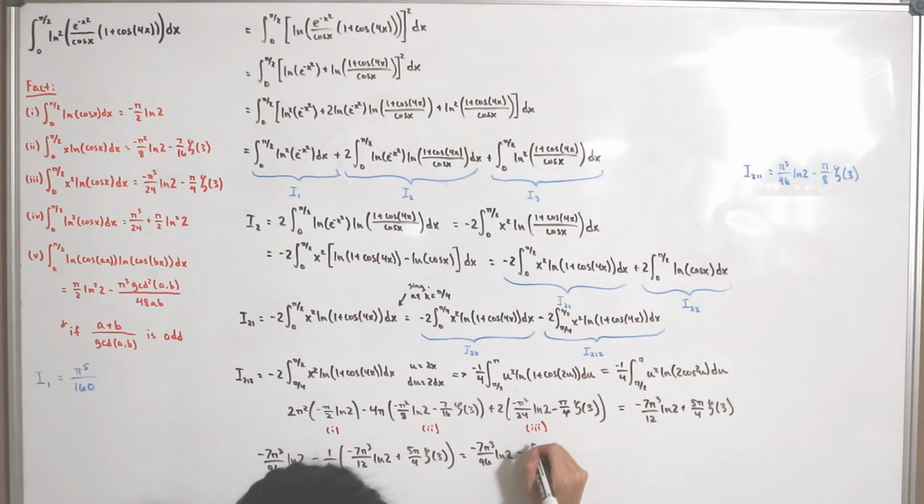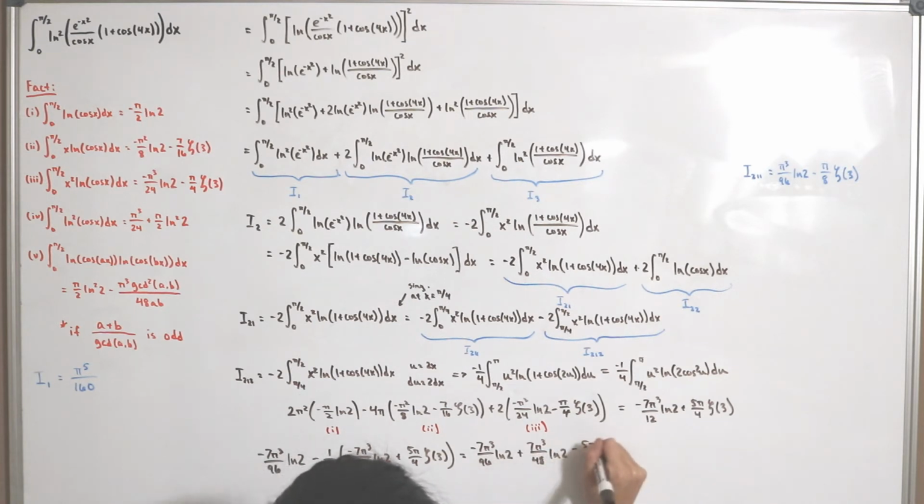So we have positive 7π³/48 ln 2, and over here it's minus 5π/16 multiplied by the a priori constant.